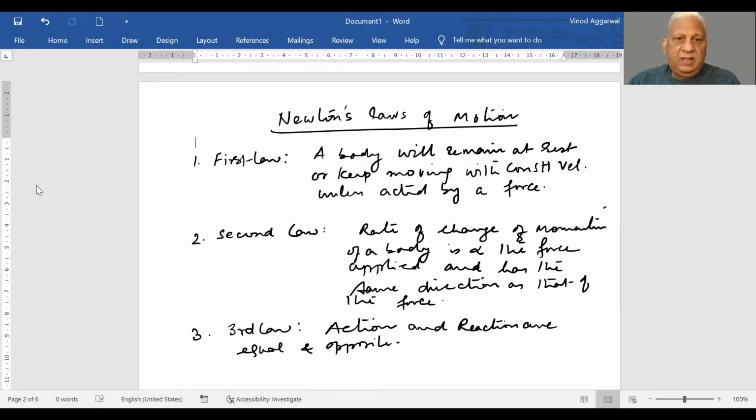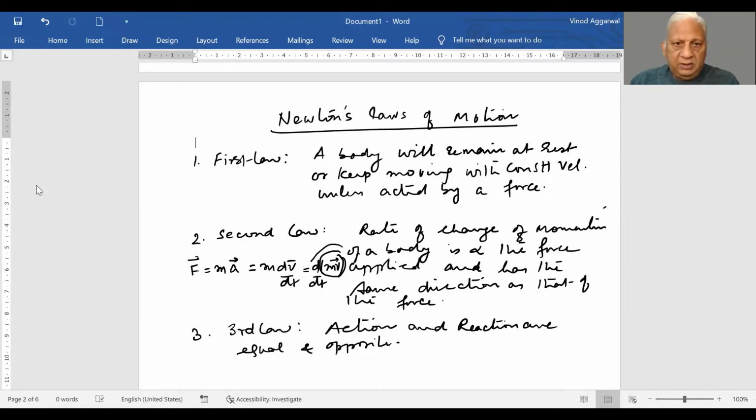Now, if we see the second law, we know if we apply force to any body, this changes its acceleration. And the change in velocity we can write as dv by dt, which is the same as, this is the momentum.